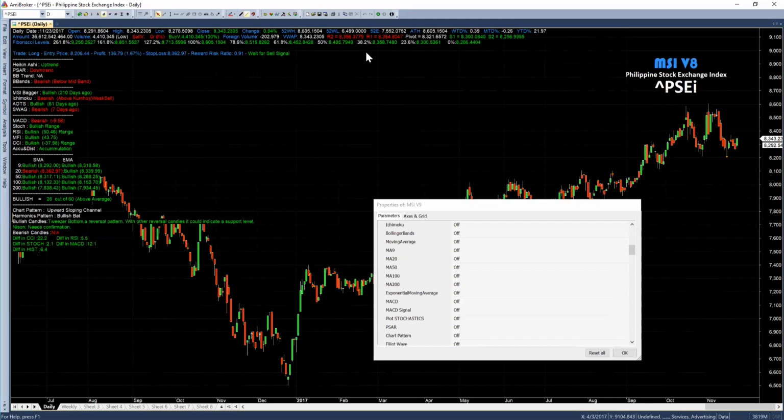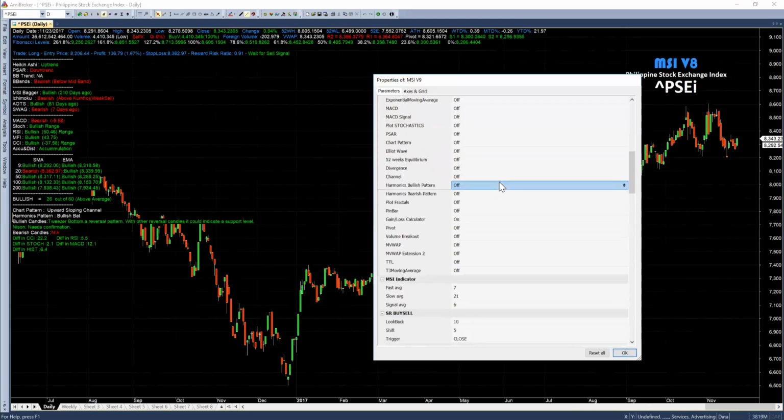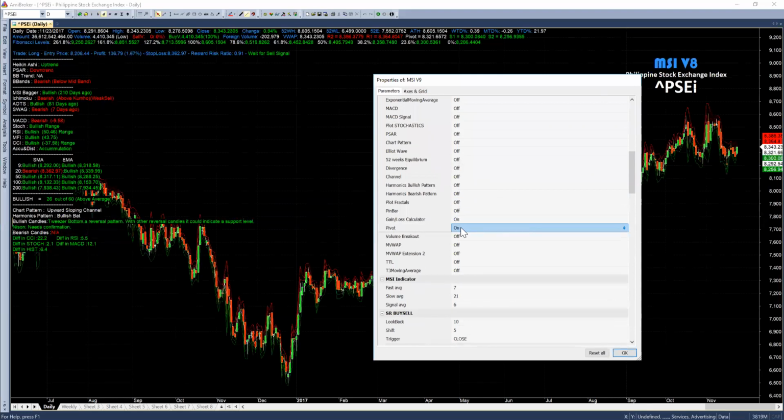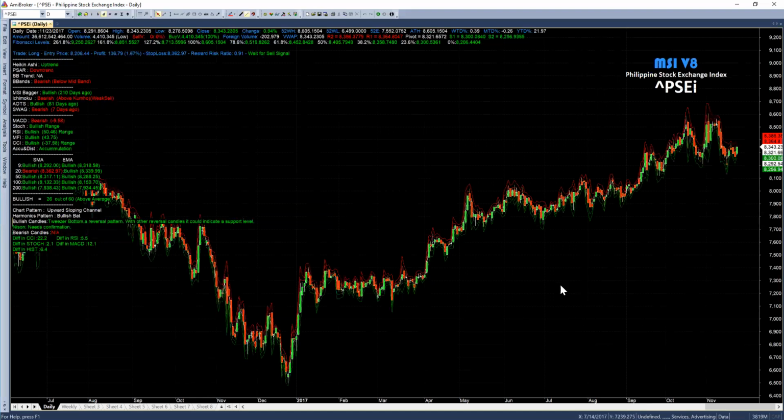Then we have your pivot. Your pivot will have also its own support 1 and 2, and then the resistance 1 and 2. You can also plot that by looking for the pivot here and clicking on. Okay, so as you can see, zoom natin siya para mas makita nyo.